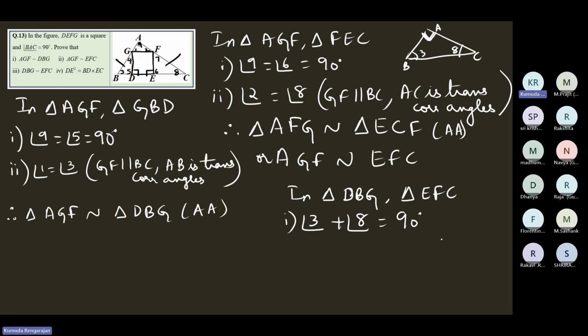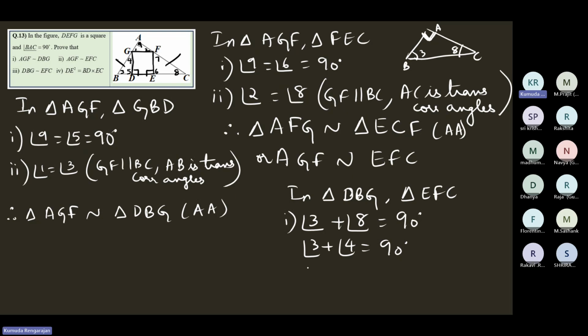So write one piece of information like this: one angle of one triangle, another angle of the second triangle, their sum is 90. Now you must write something like this. Angle 3 plus angle 4 is 90. That is, the sum of two angles of the same triangle is 90.